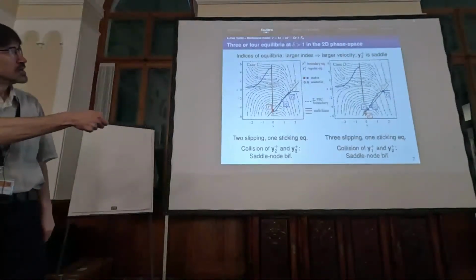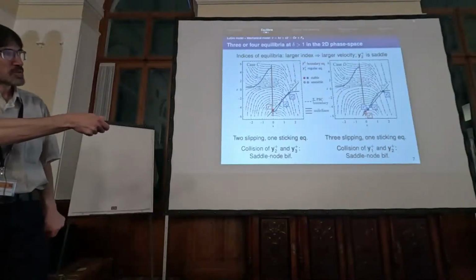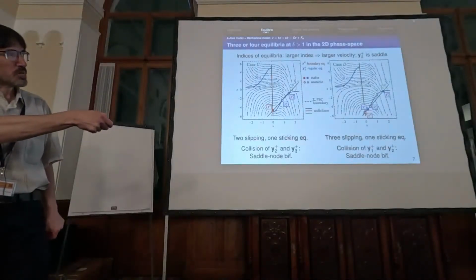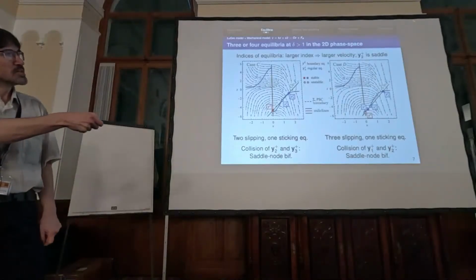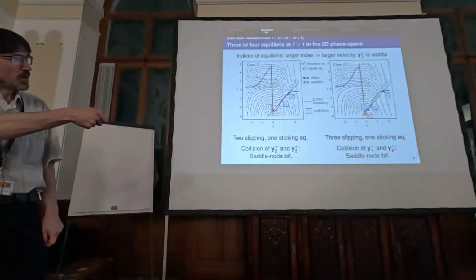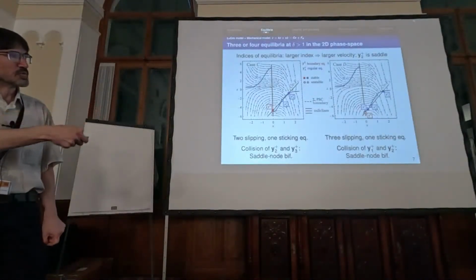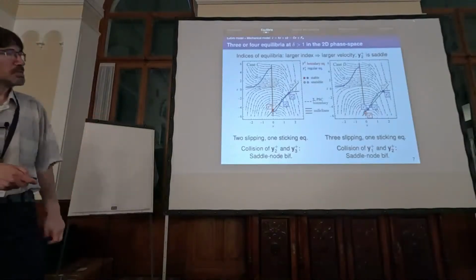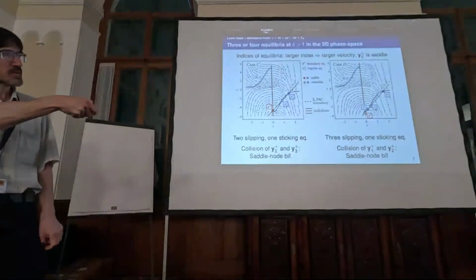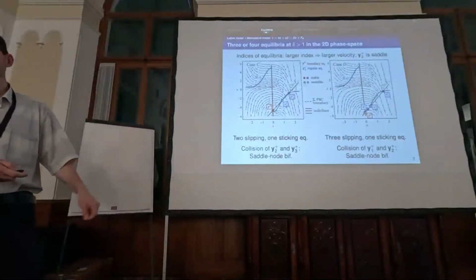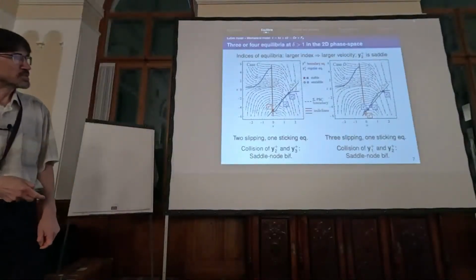So here, the larger index means that the velocity is larger. So this Y3 will be the quick, the fast slipping solution. Y1 will always denote the small velocity solution, and Y2 will be always an unstable solution that is a so-called saddle point of the system.